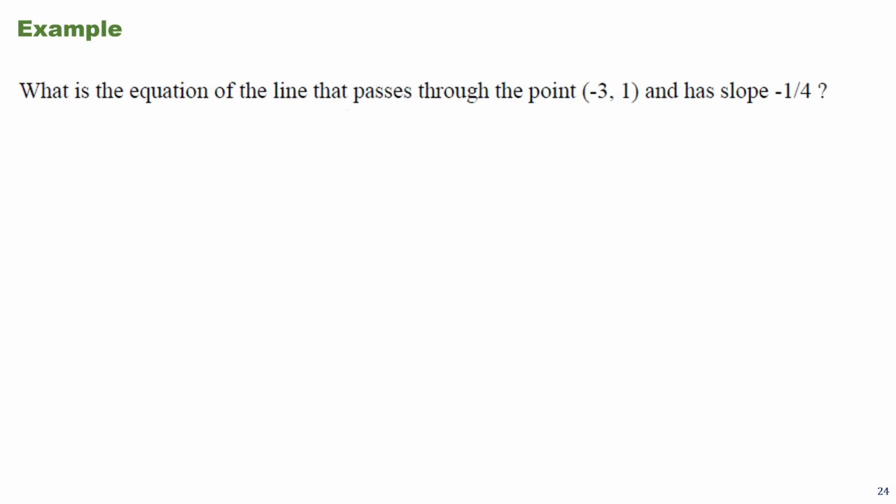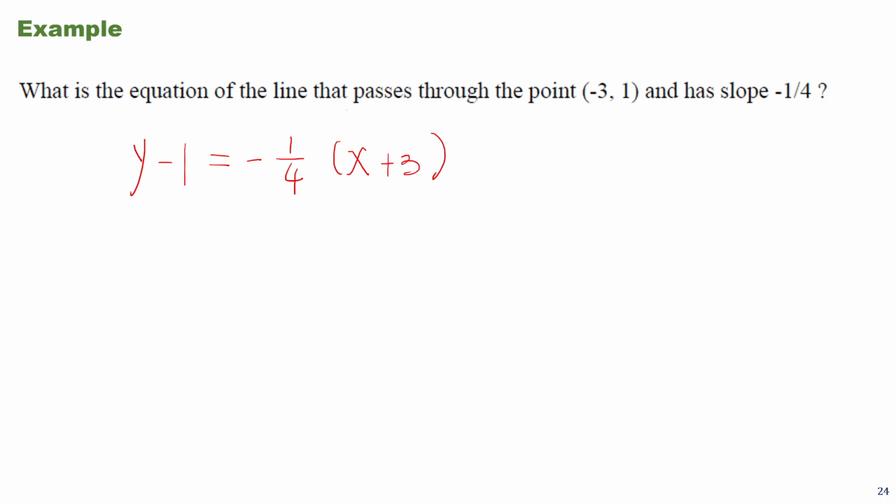What is the equation of the line that passes through the point and has a slope of -1/4? So here you should be able to write the equation of this line very quickly, right? Because we already know the slope and a given point. So we know the point-slope form of this line is y minus the given y equals slope -1/4 times x minus the given x, which is plus 3, right?